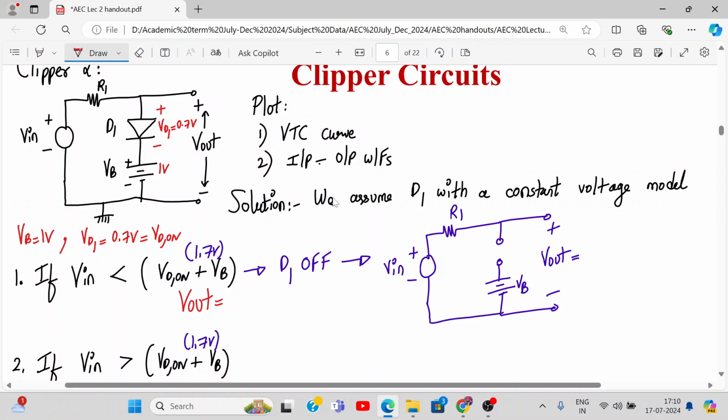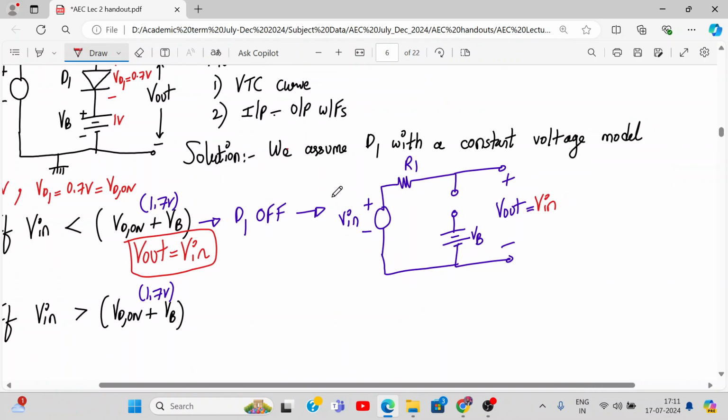It cannot be equal to VB. No current flows through the resistor. So V out is equal to V in, right? So V in is less than VD on plus VB, this thing remains the same. Output follows the input. So here we can say V out is equal to V in.